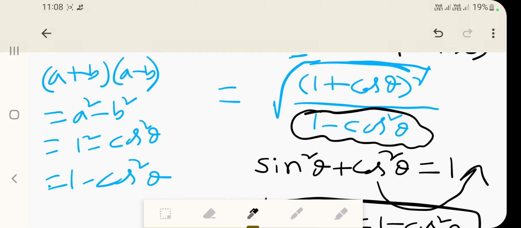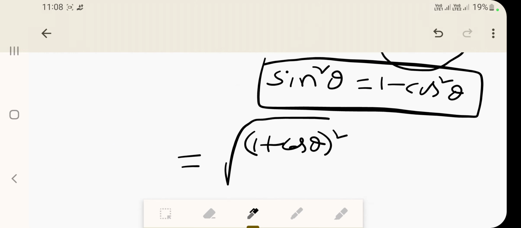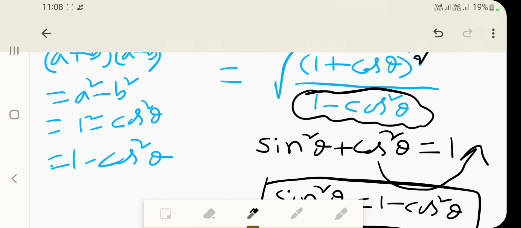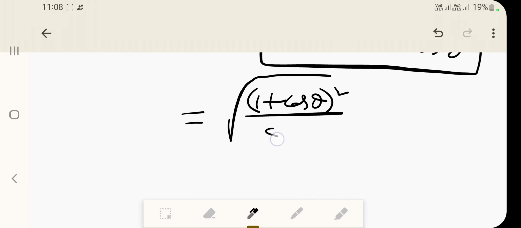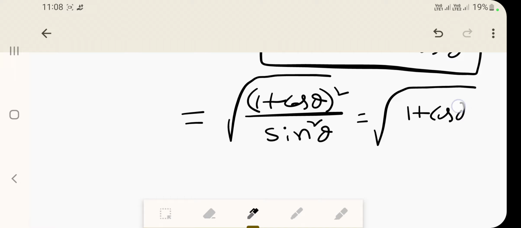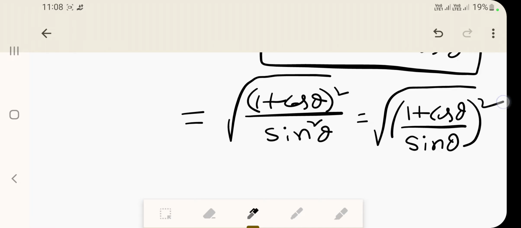In the numerator we got 1 plus cos theta whole square, divided by, in place of 1 minus cos square theta, sin square theta. Here the powers are the same, so we can make it 1 plus cos theta divided by sin theta as a group, and write it as a whole square, because the power is 2 for the numerator 1 plus cos theta and for the denominator sin theta.